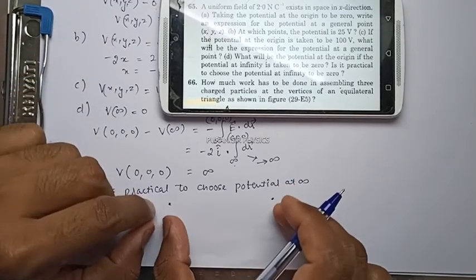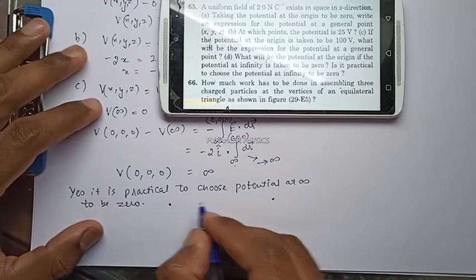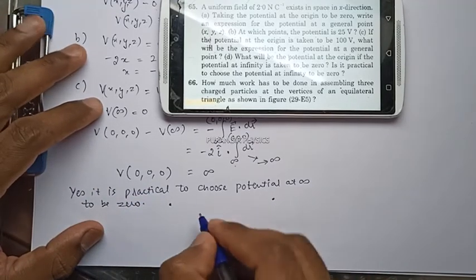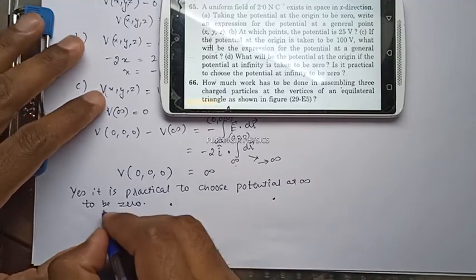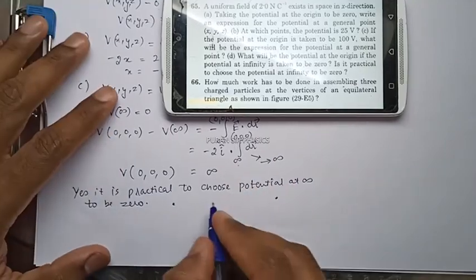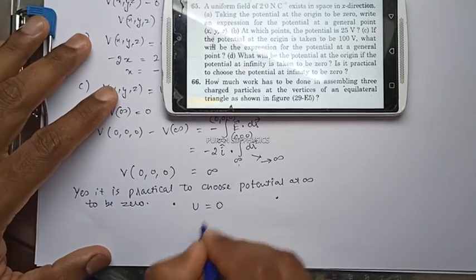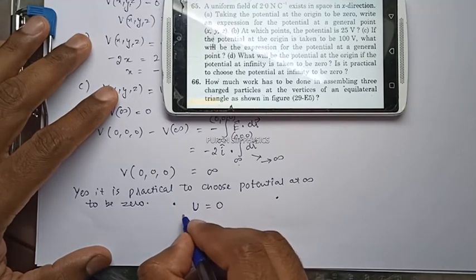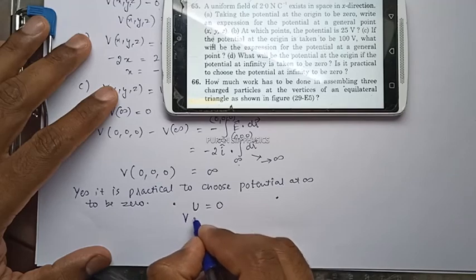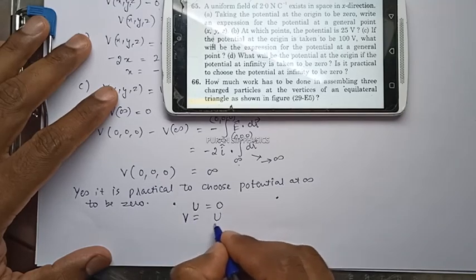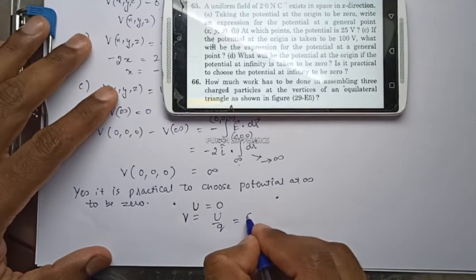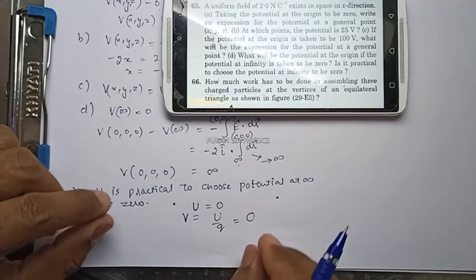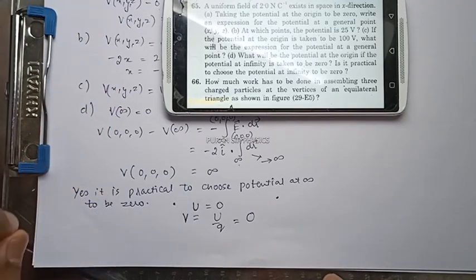So if these two charges cannot interact, their potential energy we can take as zero. So in this configuration, when charges are at infinity, the potential energy is zero. And the electric potential is defined as potential energy per unit charge, so that can also be taken as zero. Okay, so that is the answer for question number 65.